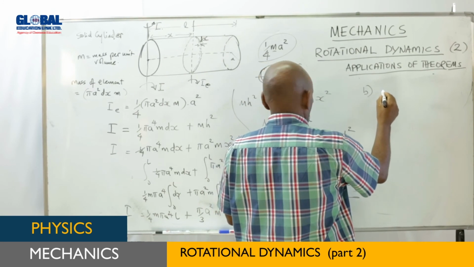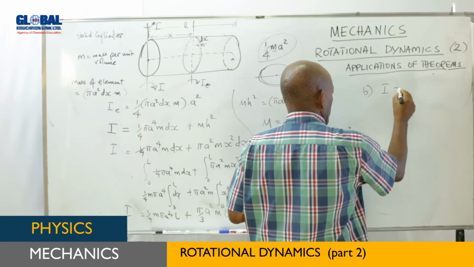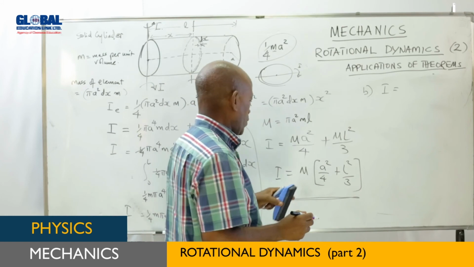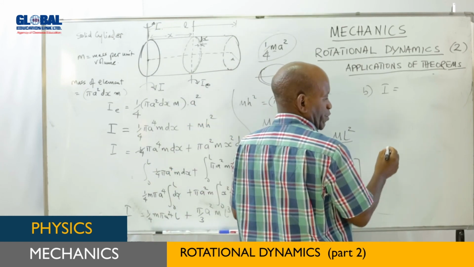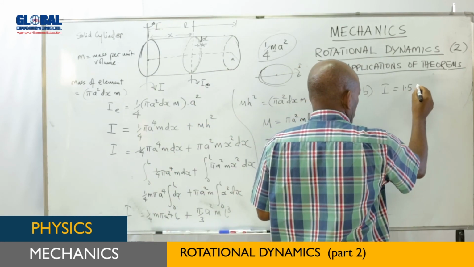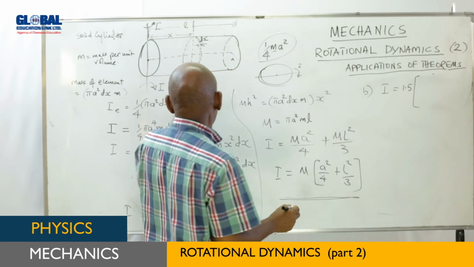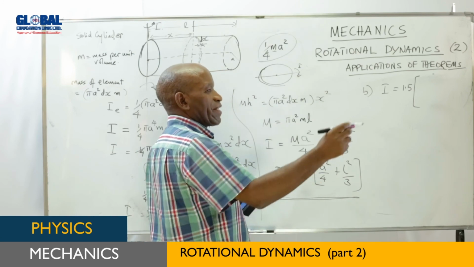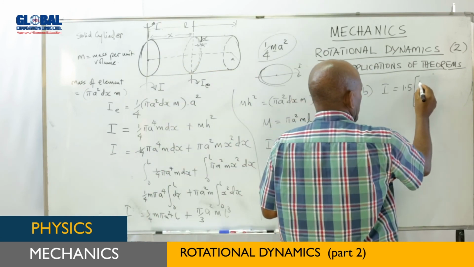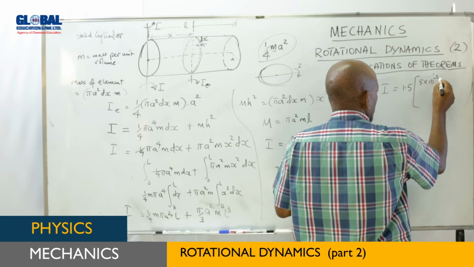So that the moment of inertia I will just be equal to m, the mass, which is 1.5 kg. And inside there, the a, remember a is the radius. The radius is 5 centimeter. That is 5 times 10 power negative 2.